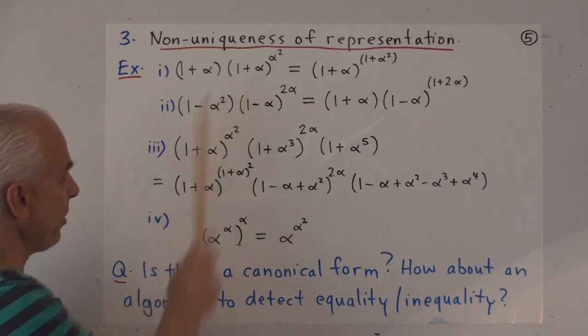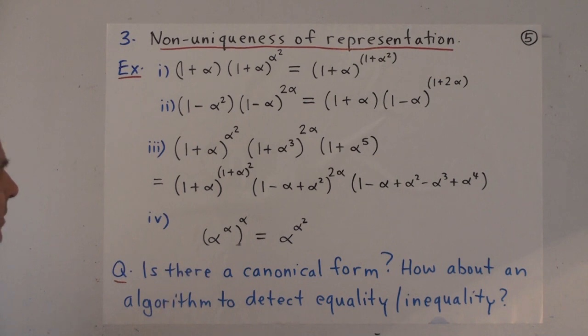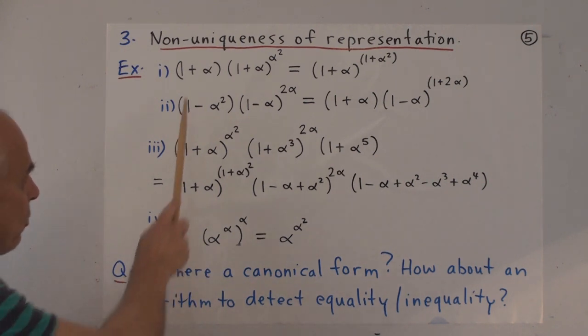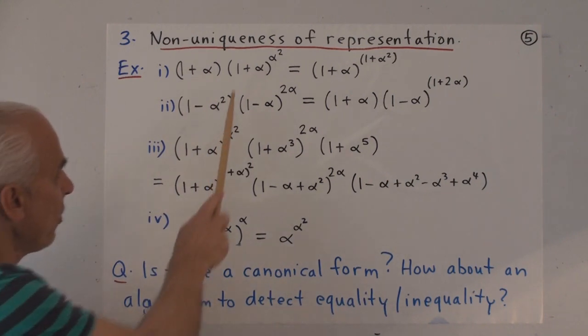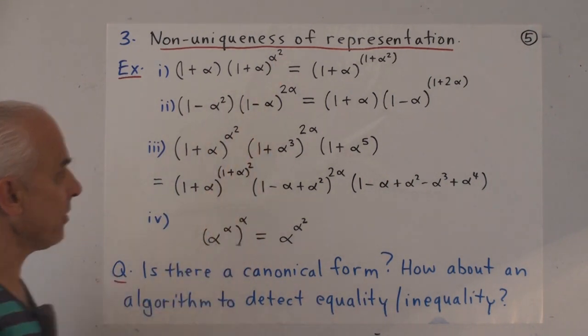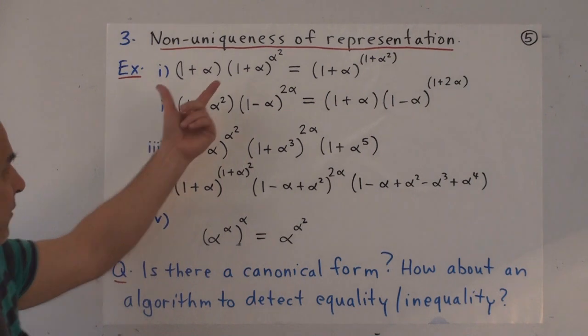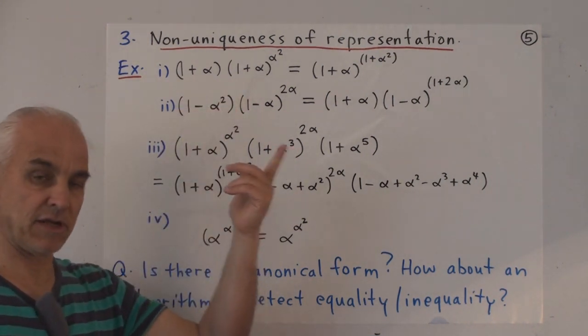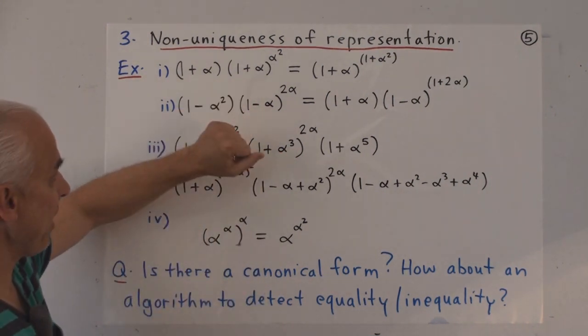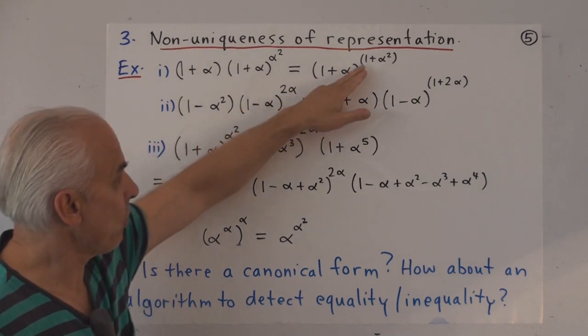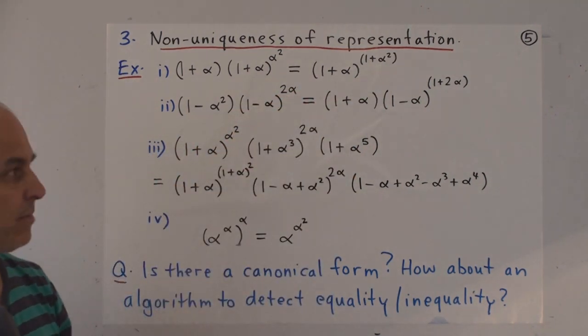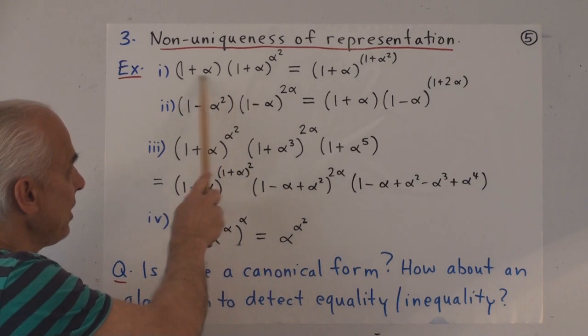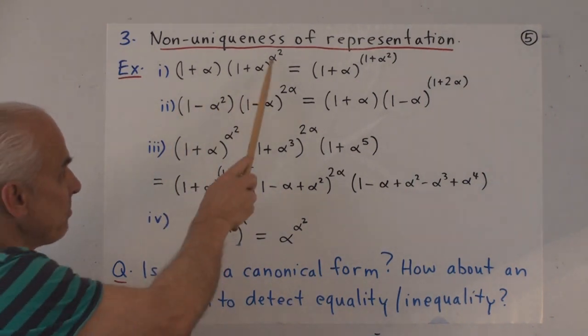Consider this exponomial. It's an expression involving our variable alpha, and it's 1 plus alpha times 1 plus alpha to the alpha squared. Now, if we want the ordinary laws of arithmetic to be valid, this should be the same as 1 plus alpha to the 1 plus alpha squared, because the bases here are the same, so the exponents add.